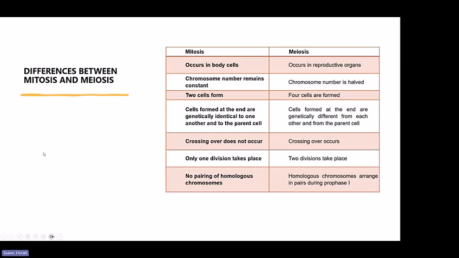For example, mitosis occurs in body cells, whereas meiosis occurs in reproductive organs. During mitosis, chromosome number remains the same, whereas in meiosis, chromosome number is halved. At the end of mitosis, there's the production of 2 cells, whereas during meiosis, 4 cells are formed.